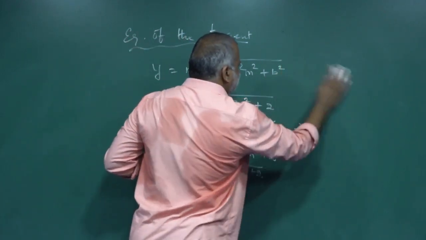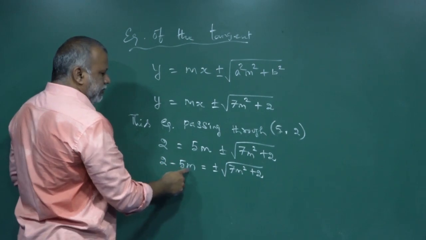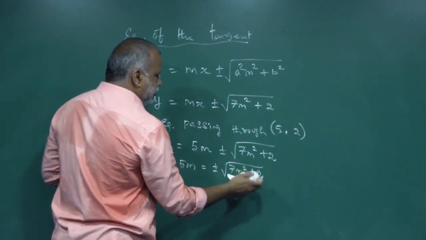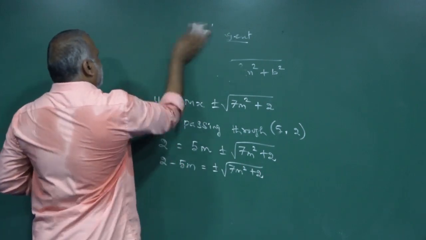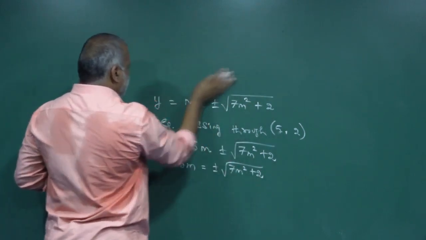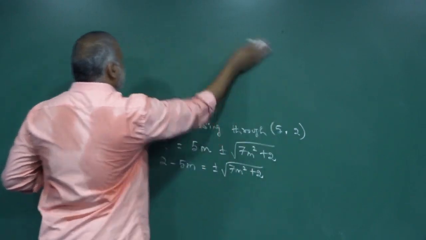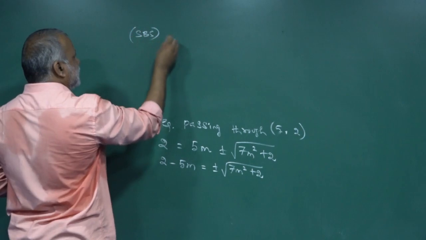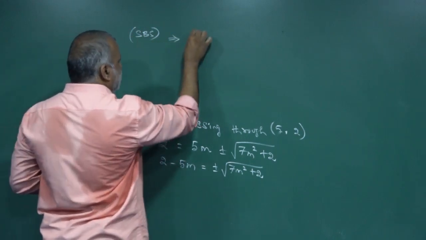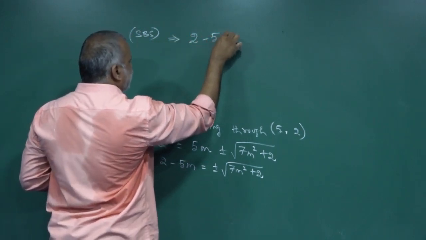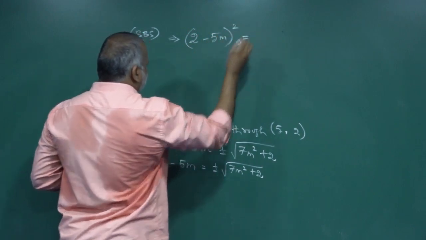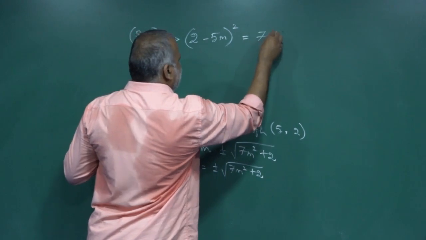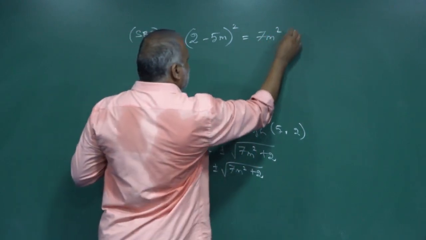Now listen. We are getting 2 minus 5m equal to plus or minus square root of 7m squared plus 2. Now I want to remove the root family, so squaring both sides. Squaring both sides means we get 2 minus 5m whole square. On the RHS the plus or minus and the root will be removed, therefore we get 7m squared plus 2.